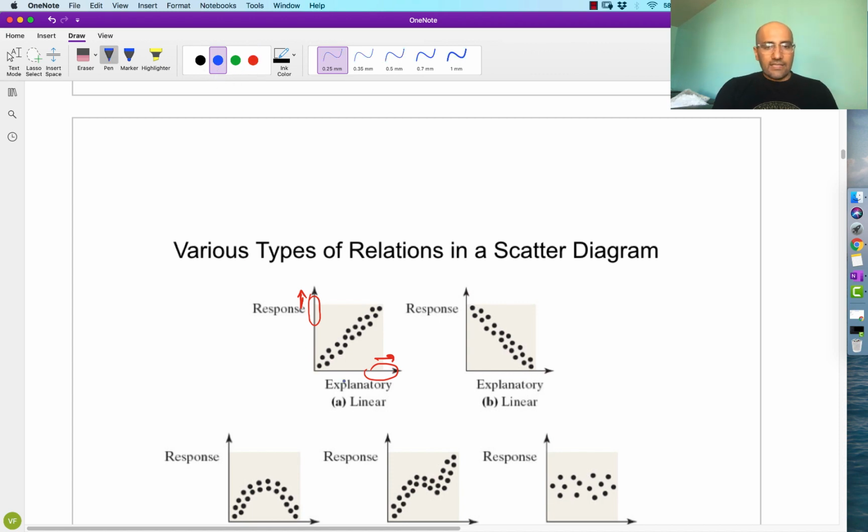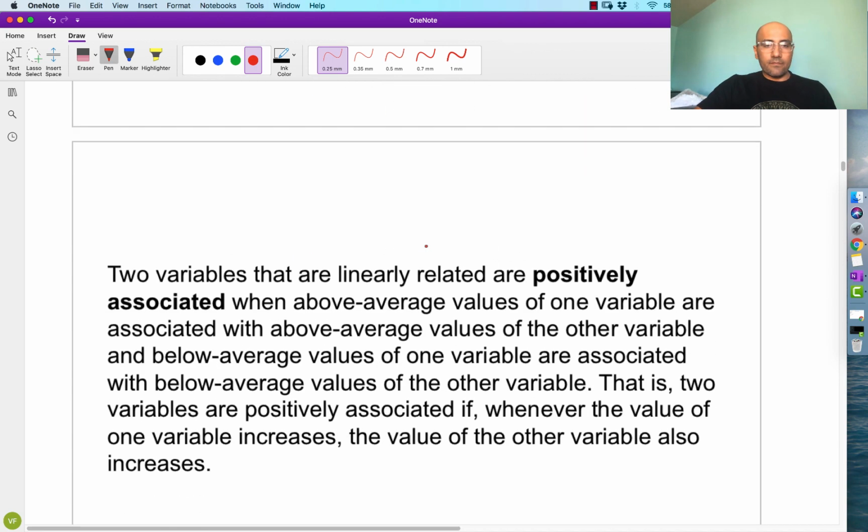On the other hand, as we get smaller values of the explanatory variable, as we go that way, we end up getting smaller values of the response variable. Larger inputs mean larger outputs, and smaller explanatory variables mean smaller response variables. This describes a positive linear relationship. That's what this is attempting to describe down here.